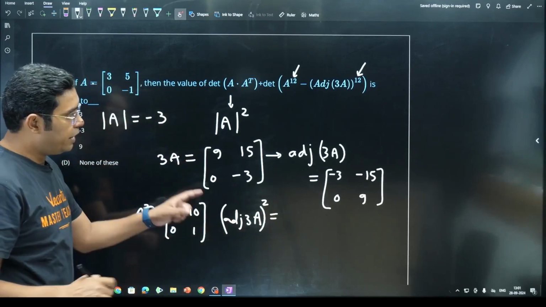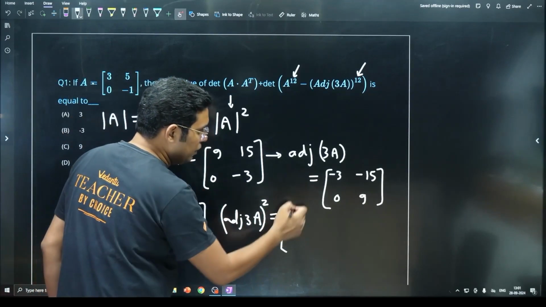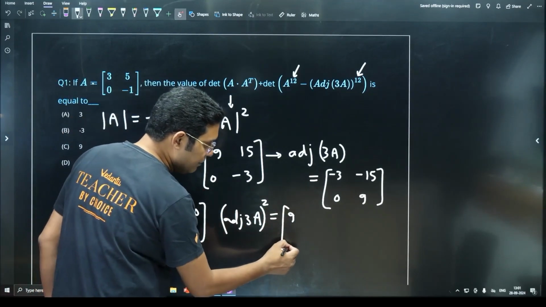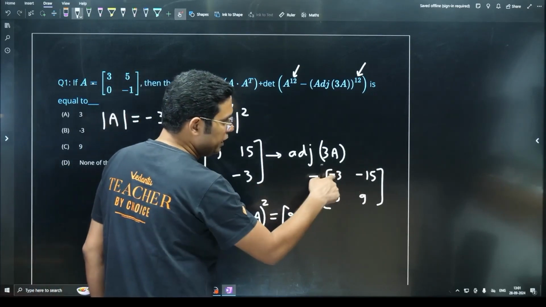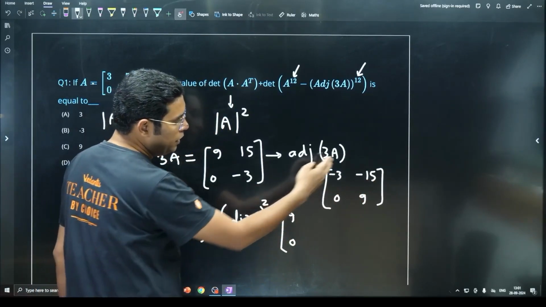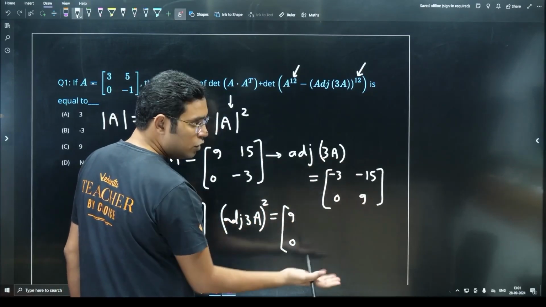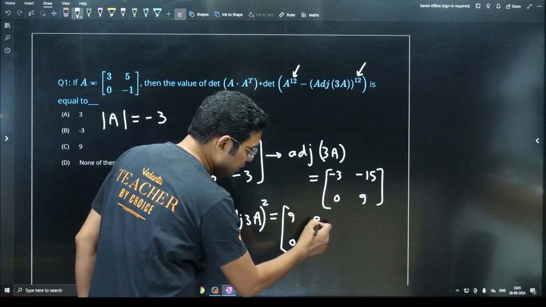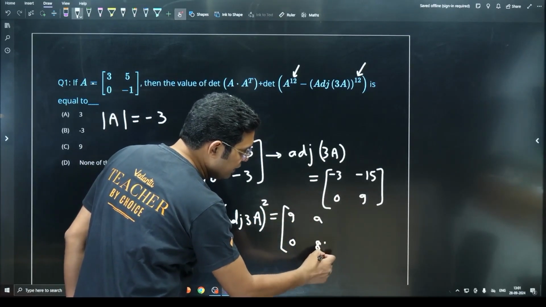you can check the first entry now will be 9. This element will be 0 here. You can check for this square it will be 3 minus 3 into 15 is 45, 45 minus I think 105. It will be some value, let's say A. Doesn't matter actually, and you will get 81 here.